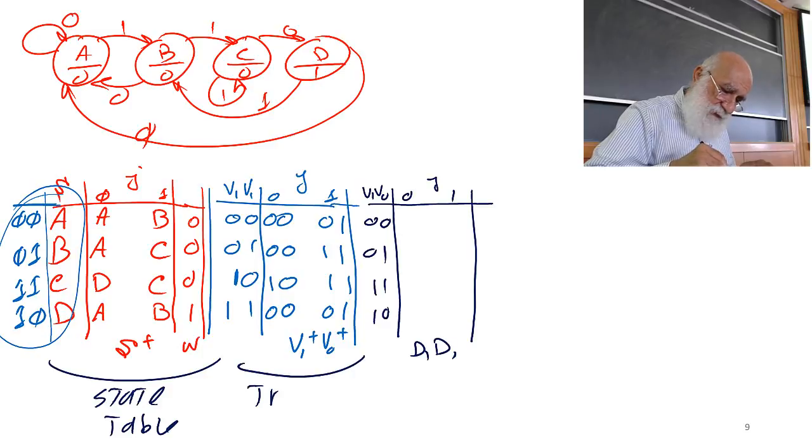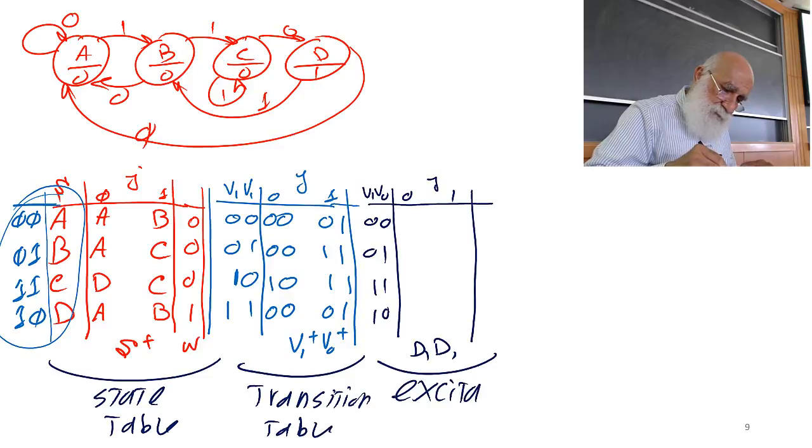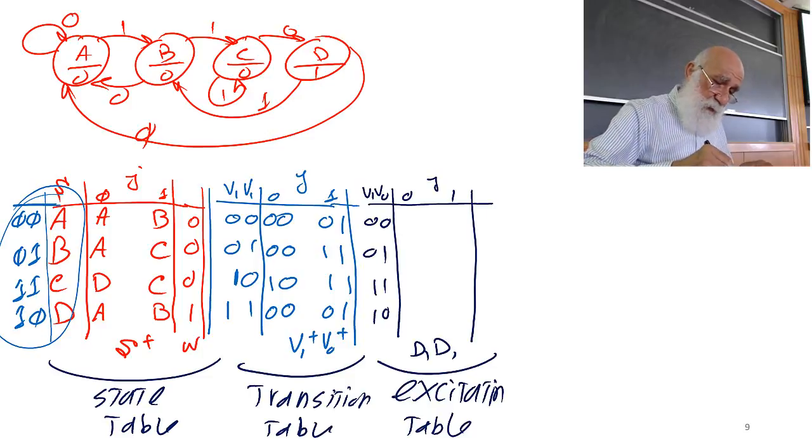This is my transition table. This is my excitation table, D1, D0.